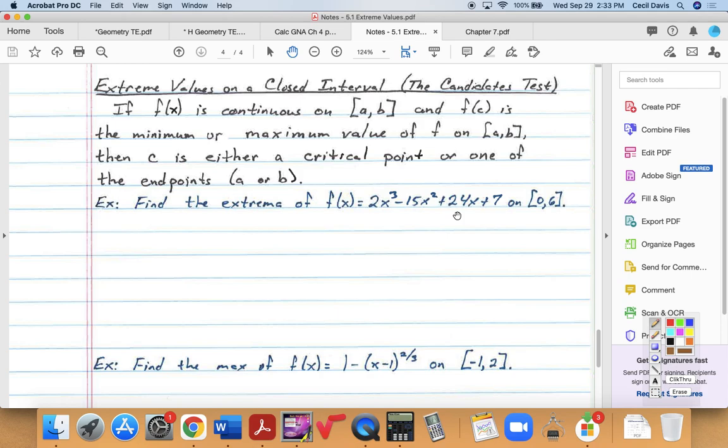And if f of c is the minimum or maximum value of f on the closed interval from a to b, then c is either a critical point or one of the endpoints. The only places where you can have maximums or minimums are going to be at critical points or at endpoints if you have a continuous function on a closed interval. And you're going to have a maximum and you're going to have a minimum.